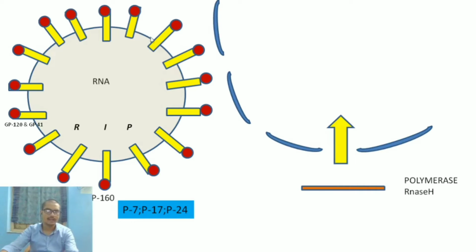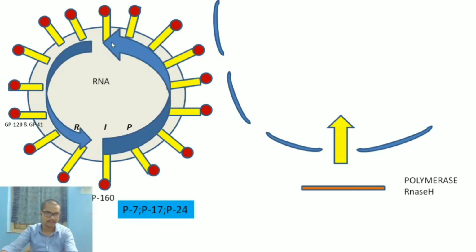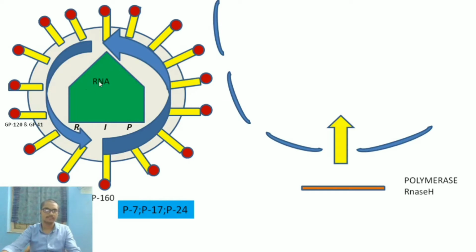Now if I talk about the virus from inside to outside, then before the outer membrane of this virus you will find another layer known as the matrix, and this matrix is constituted with P17 proteins. At the core of this virus you will find a special structure known as the capsid.